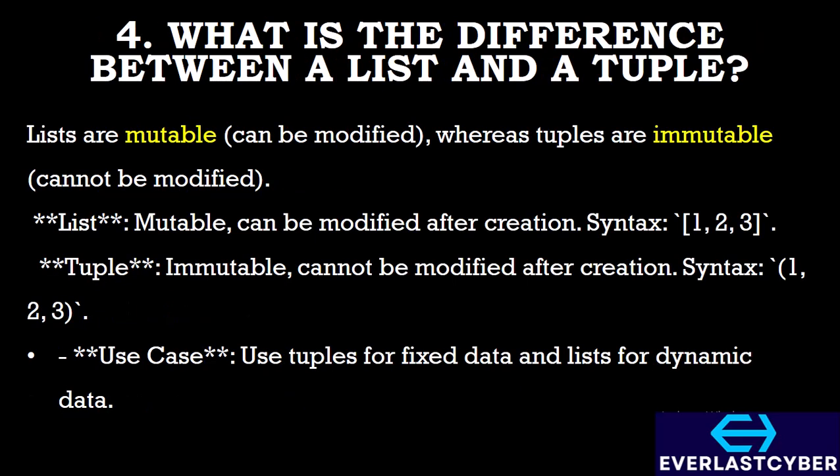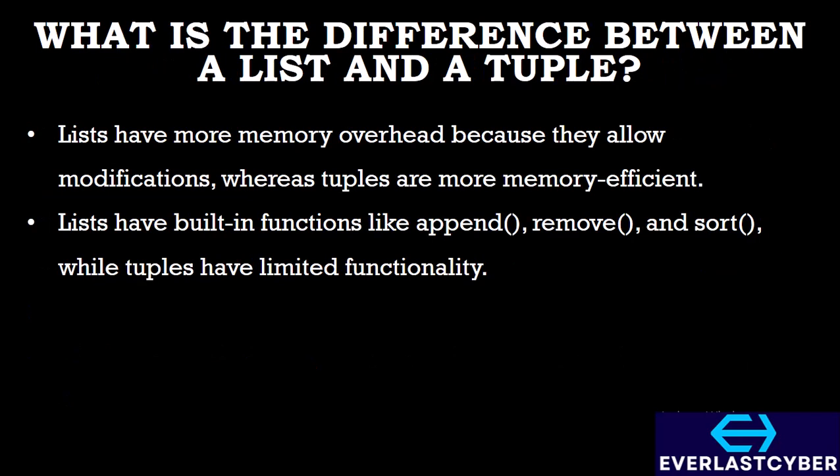Question 4. What is the difference between a list and a tuple? A list is mutable, which means it can be modified, while a tuple is immutable, meaning that it cannot be modified. What this means is that a list can be modified after it has been created, but a tuple cannot be modified after creation.